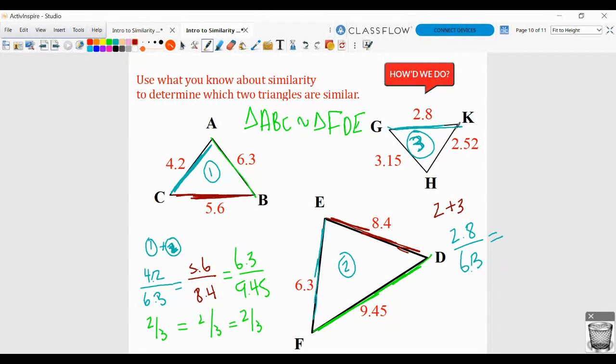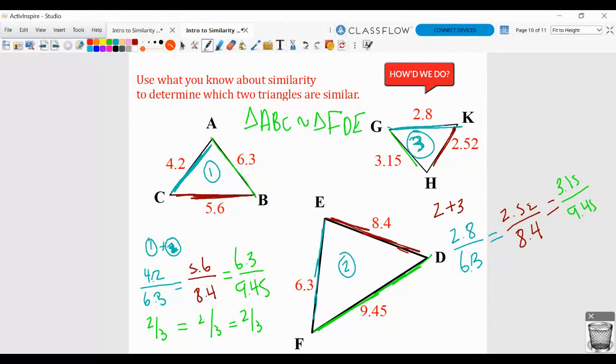The next biggest one is 2.52. I want to emphasize it's okay if you flip these fractions as long as you're consistent. The same triangle should all line up on the top. So 2.52 over 8.4, and then 3.15 over 9.45. Then I can simplify them.